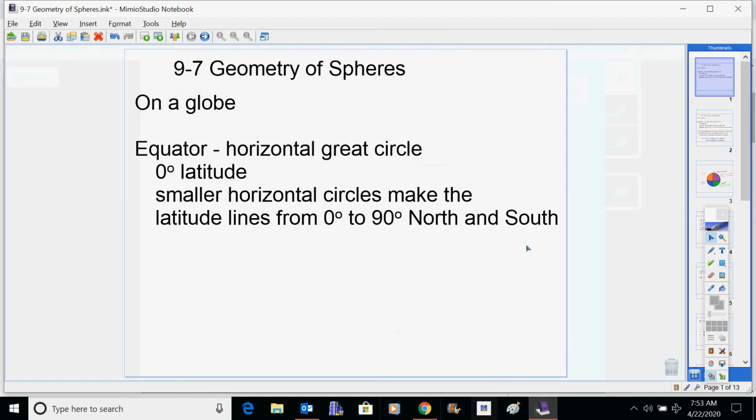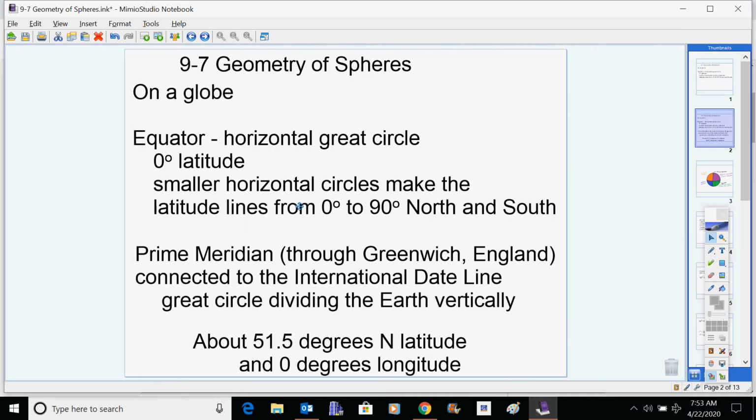Greenwich is basically where they start the time. Everything is based on Greenwich Mean Time. The different time zones are certain distances away from Greenwich, England.